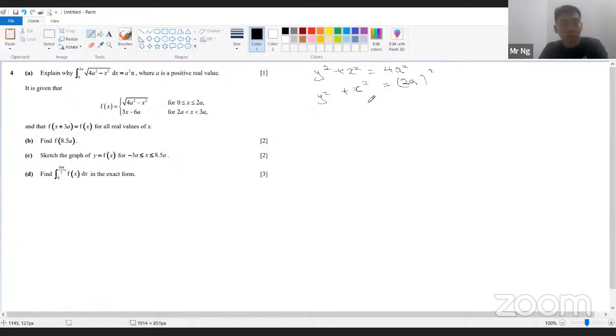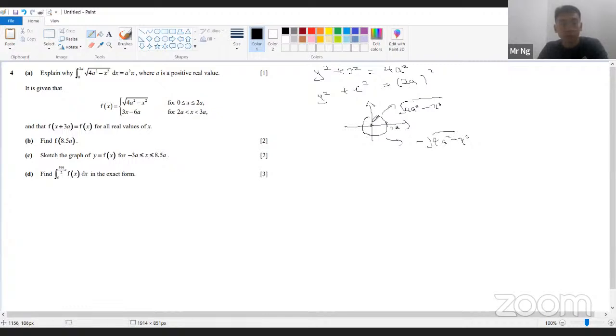Okay, so if you draw the graph like this, then it will look like that, 2a, 2a, 2a. Now you are integrating from 0 to a dx. So this one is the positive square root of a squared minus x squared, and this one is the negative. You are just applying from here to here.